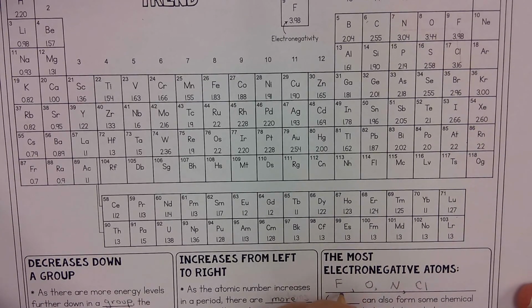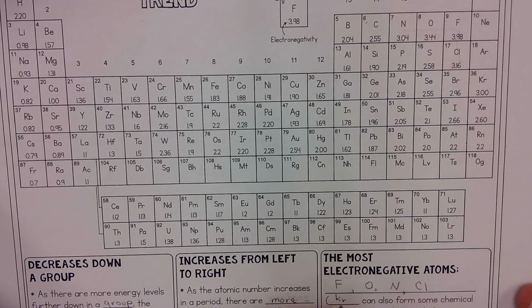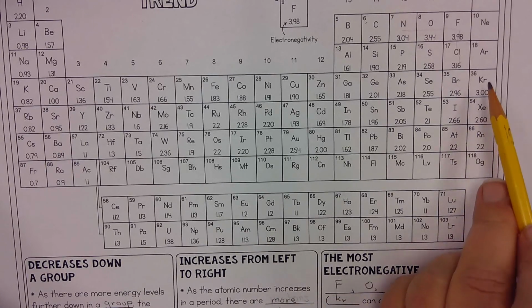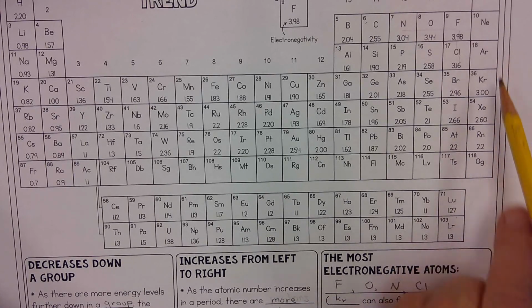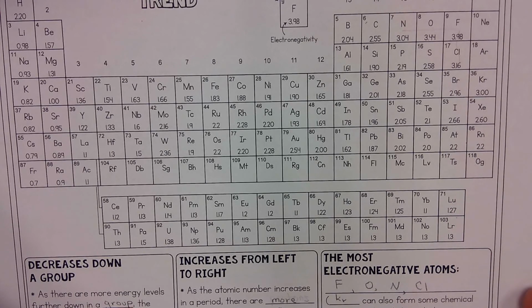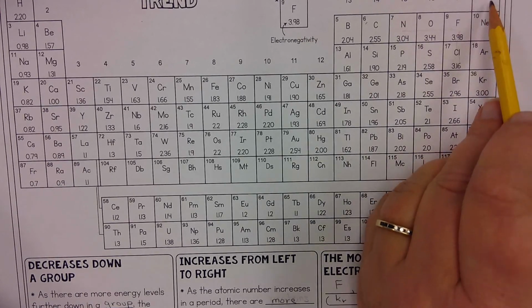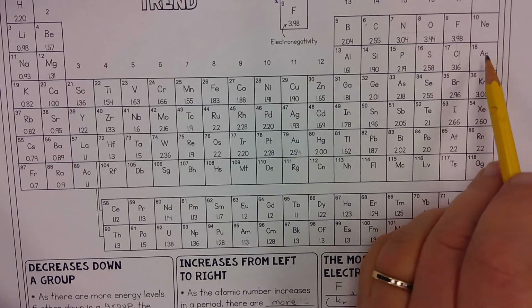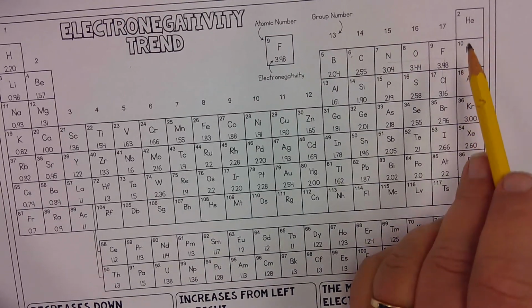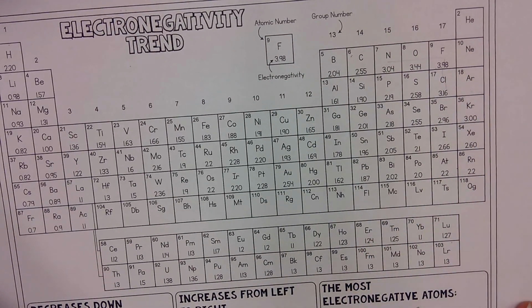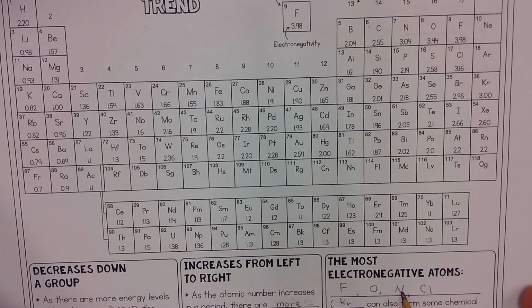Krypton also can form some chemical bonds, but not very often because it's a noble gas, and so it doesn't really like to do that. Helium, neon, argon you see don't have any at all because they're not going to form a bond. It's just not going to happen. But the most electronegative are these four in that upper right-hand corner.